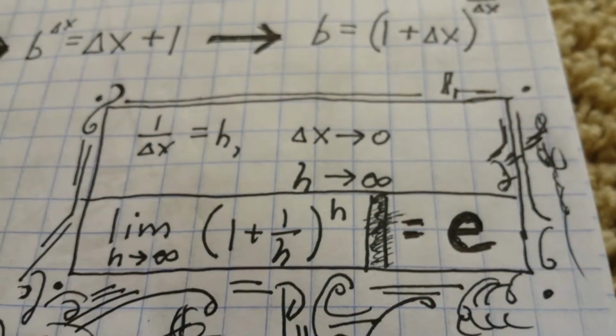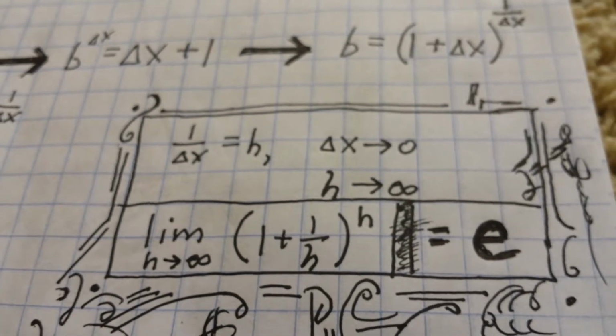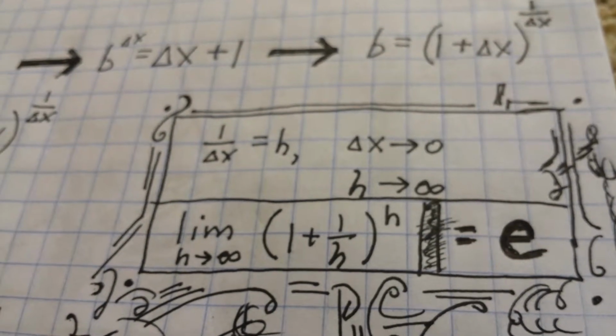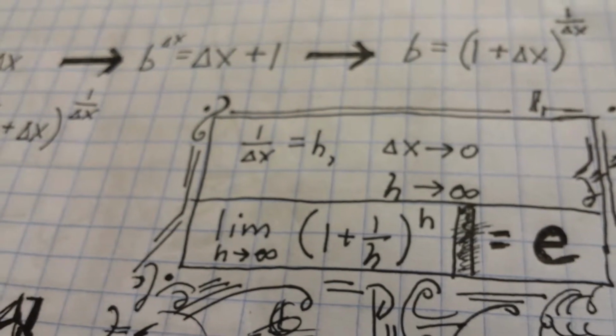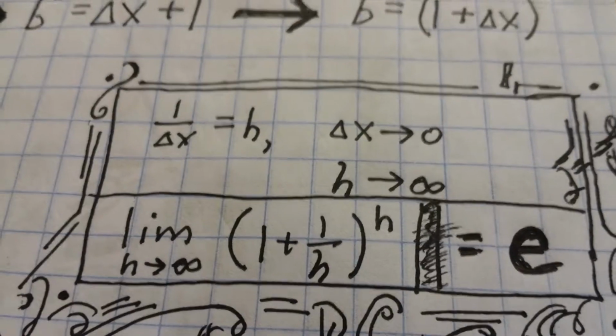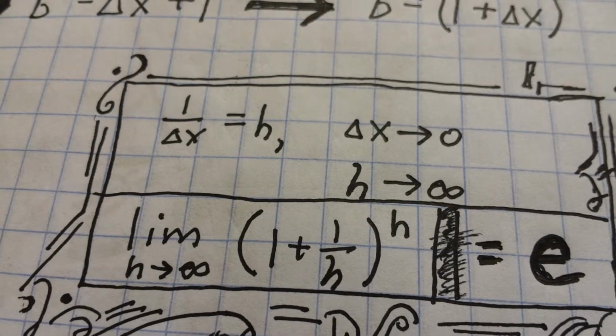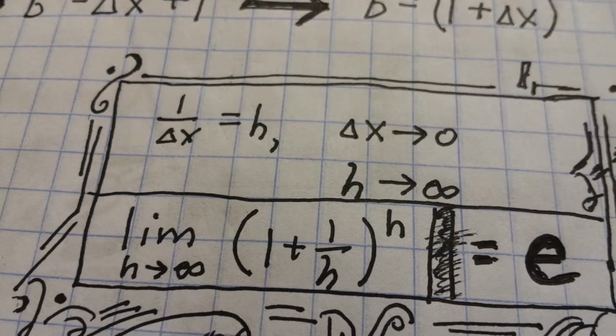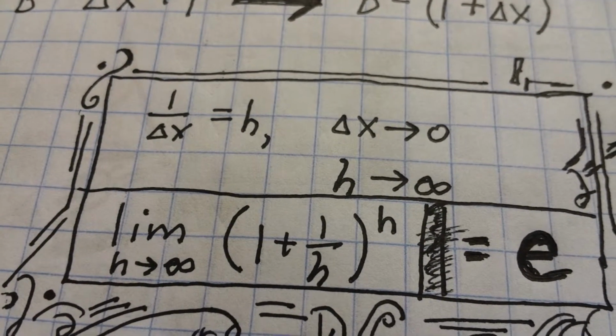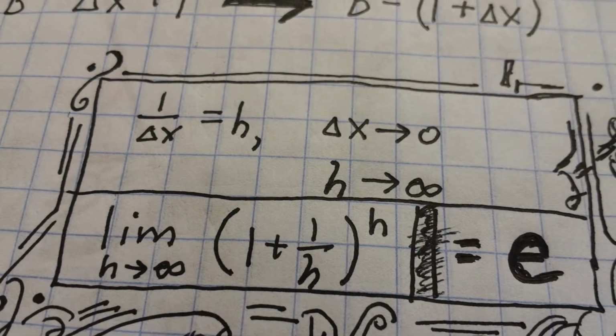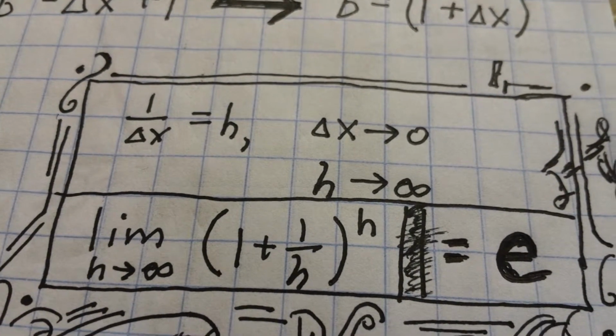So there's a transformation we're going to do, and this is a really sloppy proof. In fact, it's not a rigorous mathematical proof. It's just a more intuitive outline of the logic involved in finding these values. But let's set 1 over delta x equal to h. So as delta x goes to 0, then h goes to infinity.